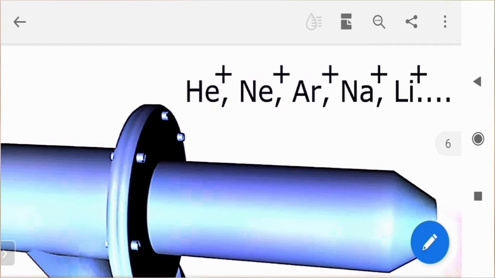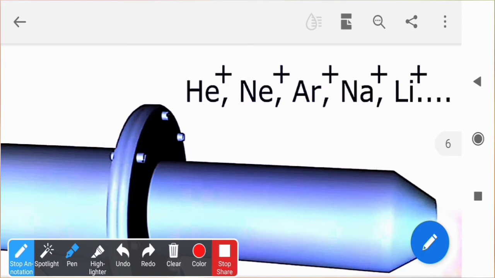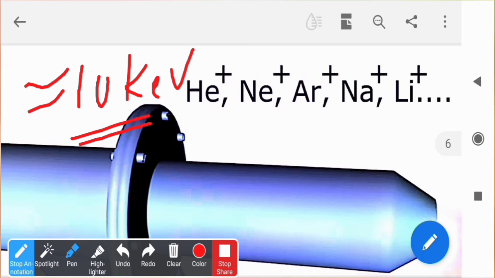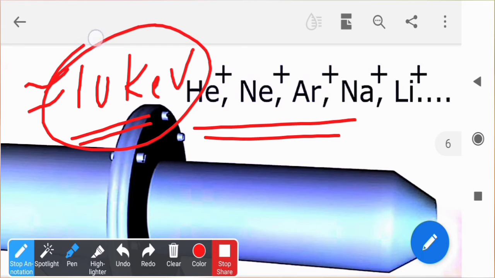They are generally used as the source of primary ions. The energy for these ions is kept around 10 kiloelectron volts. The output current generated with this energy is around 10 to 30 nanoampere.